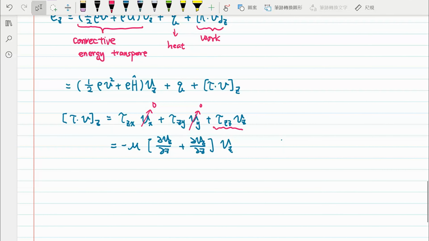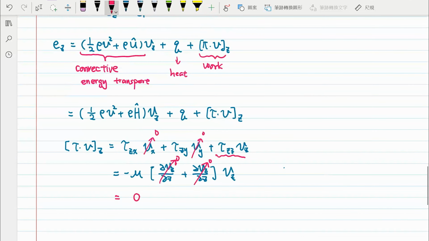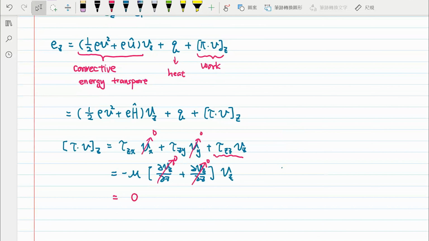So partial vz partial z is also 0. So basically, there's actually no mechanical work associated in the z direction. And there's obviously no changes, so this is going to be 0.